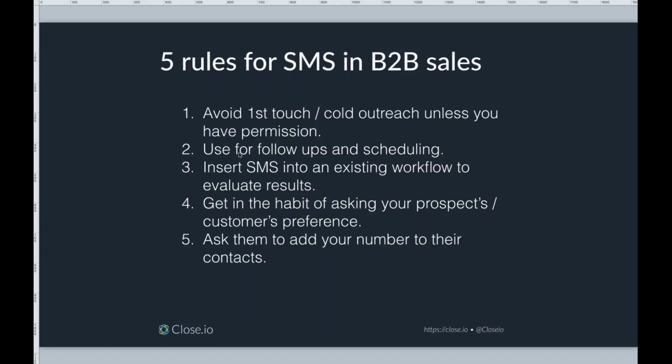You can't really explain yourself in a 1,000-character text message like you can on a phone call. There's less empathy or context because it's just text. So in my opinion, or in Close.io's opinion, try to avoid this as a first touch mechanism.